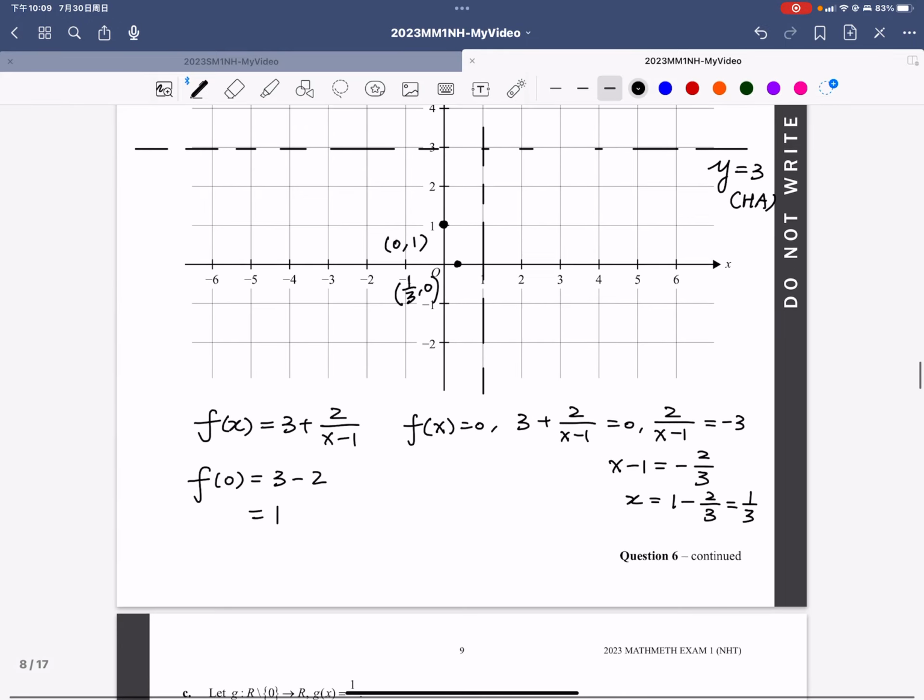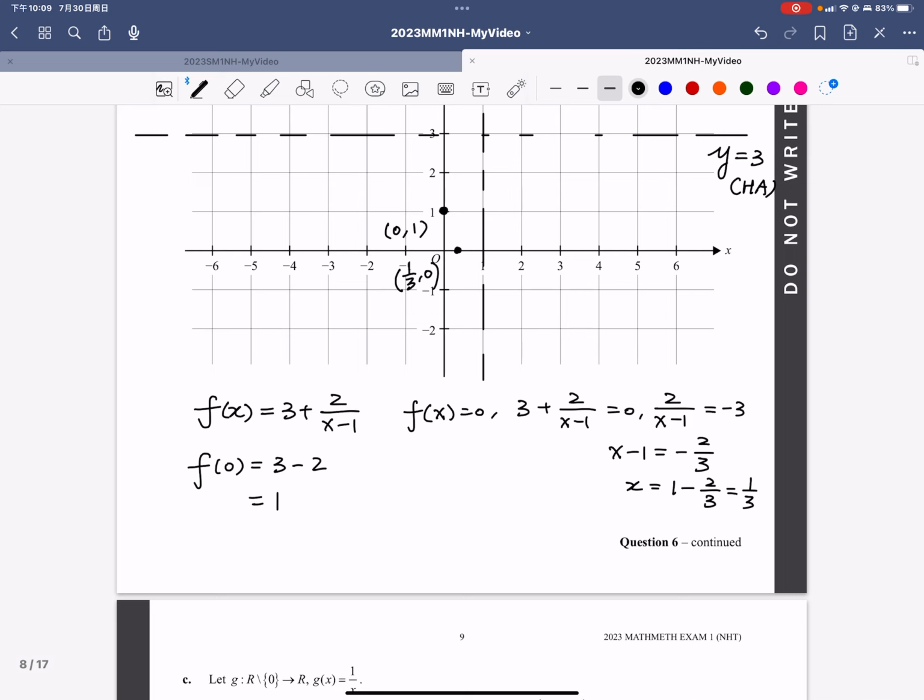And it's not harmful to substitute a few values in, like f of negative 2. So 3 plus 2 over negative 2. Well, actually, should I substitute negative 1? Negative 1 minus 1. Excellent. 3 plus 2 over minus 2. Well, this is minus 1, so 3 minus 1, 2.